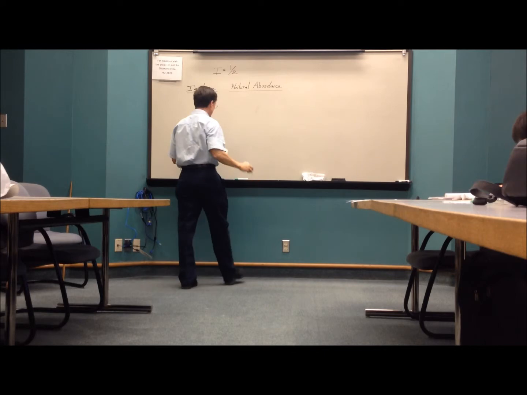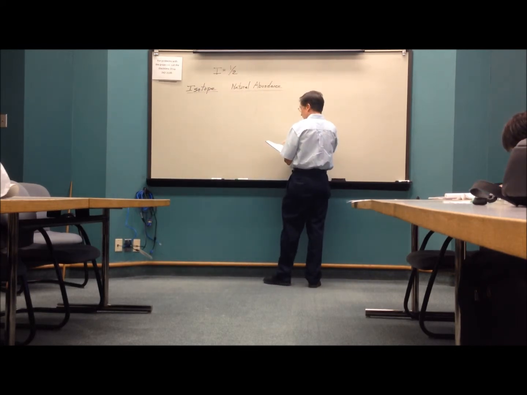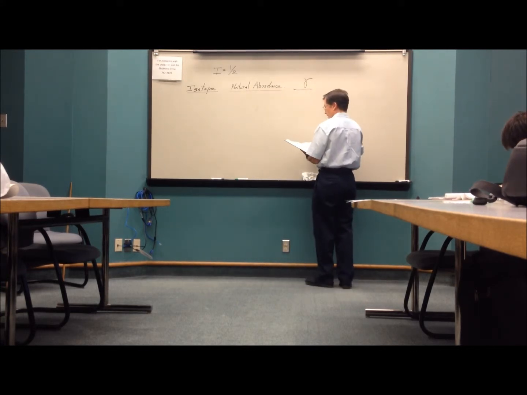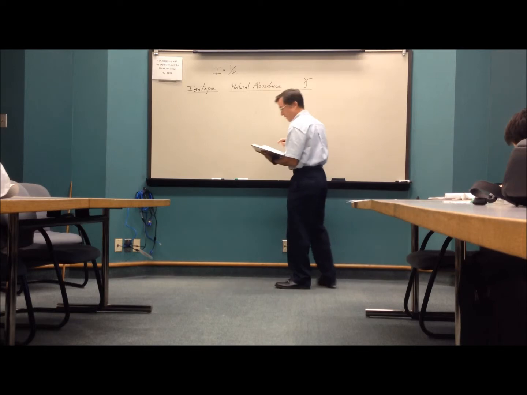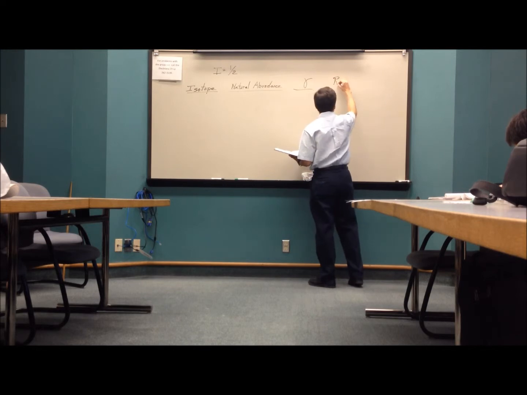All spin 1/2 nuclei. Just do gamma, and let it go at that. Let's do one last column here.